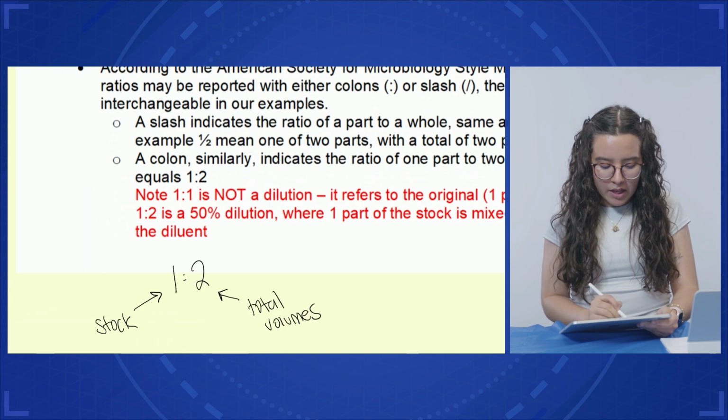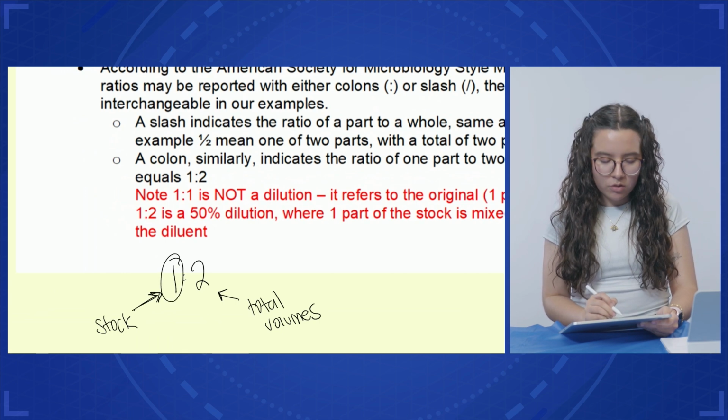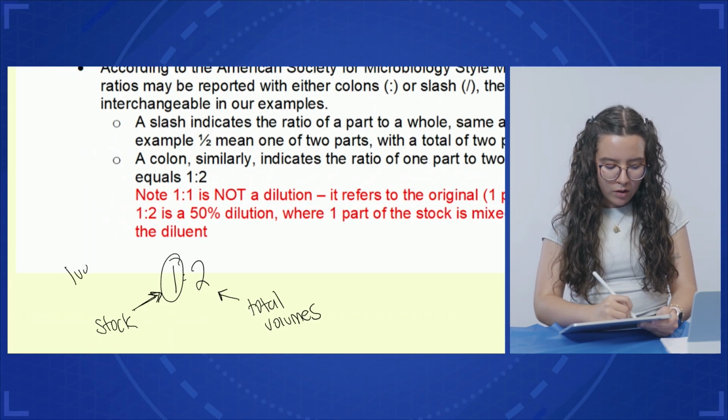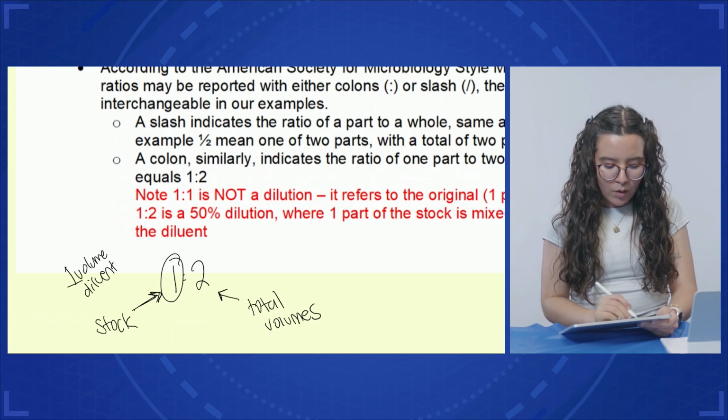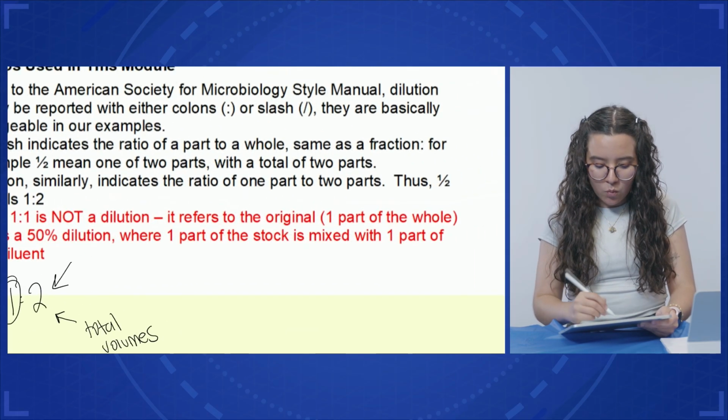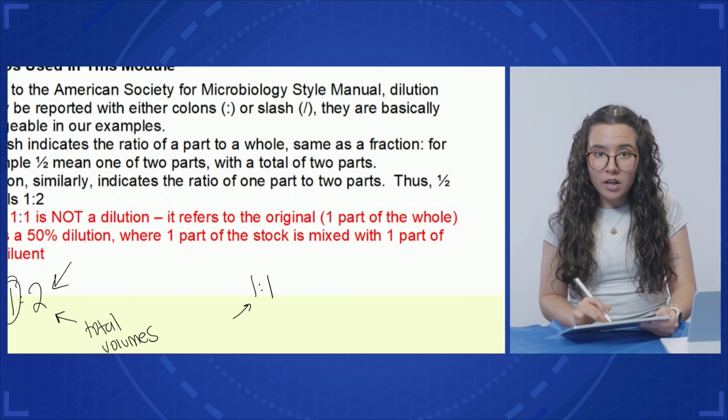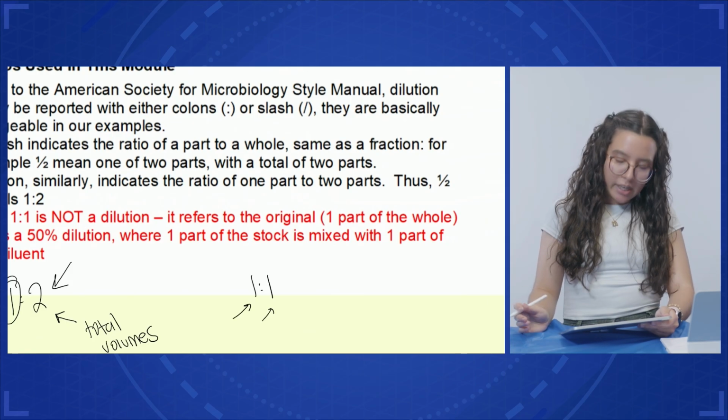You have 1 volume of stock solution, then 1 volume of your diluent, for a total of 2 volumes. So if it's a 1-to-1 dilution, you can think of it as 1 part stock out of a total of 1 volume, hence it's undiluted.